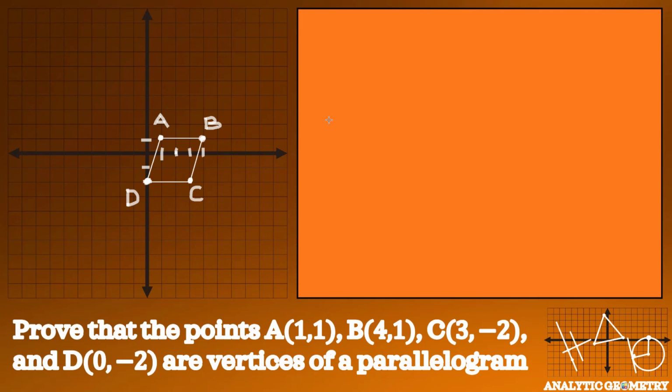For any parallelogram, which also includes rectangle, square, and rhombus, but more specifically for a general parallelogram, it is given that if our figure is a parallelogram, the opposite sides should have the same measurement or same length.